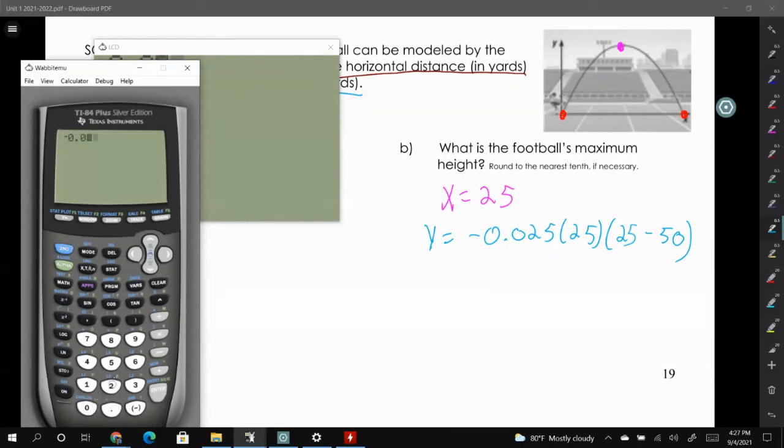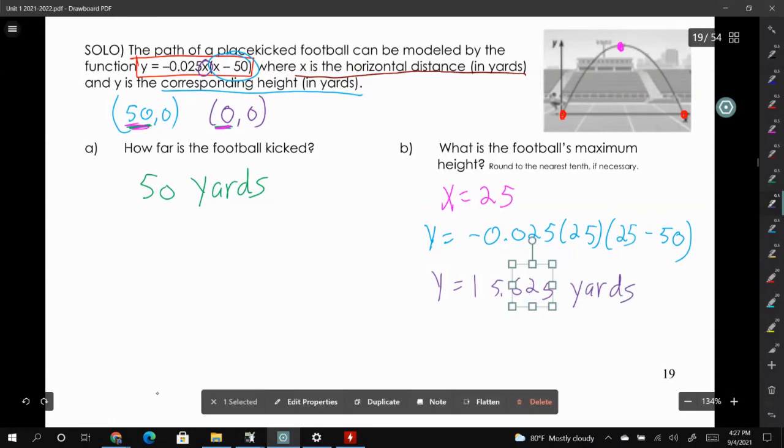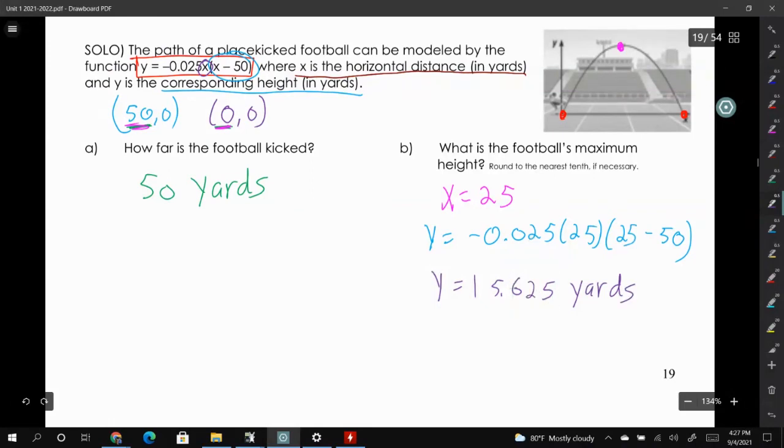Negative 0.025 times 25 times 25 minus 50. We get 15.625 yards. That is the maximum height of the football being kicked.